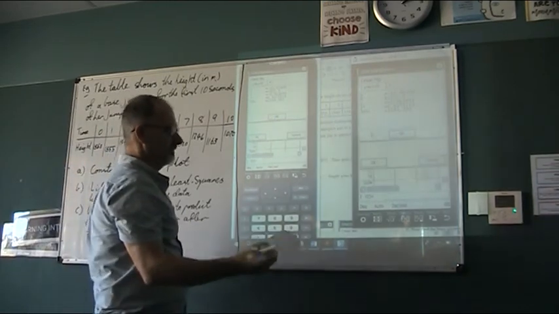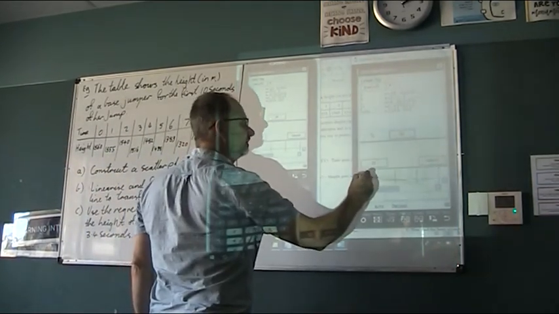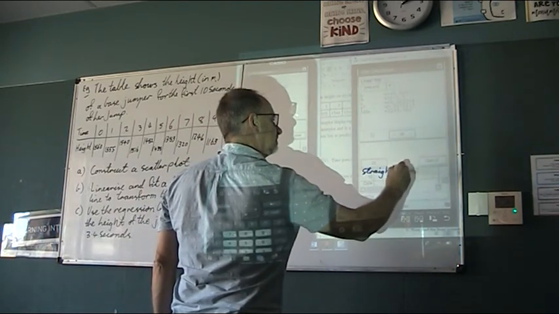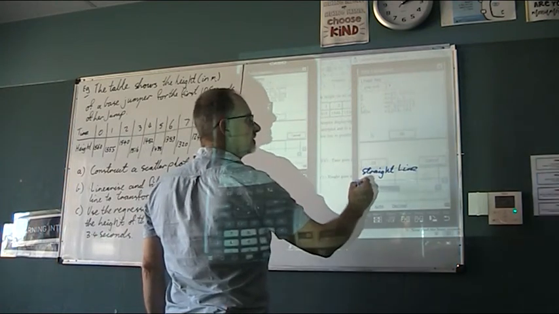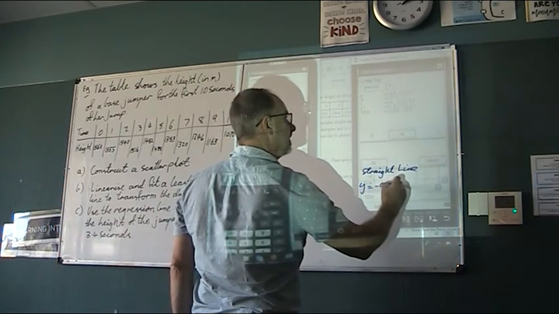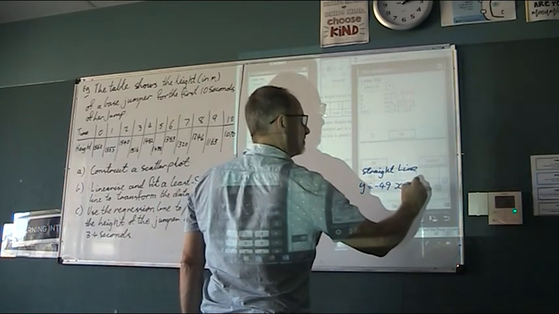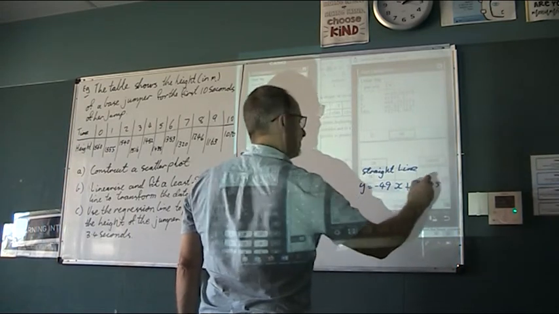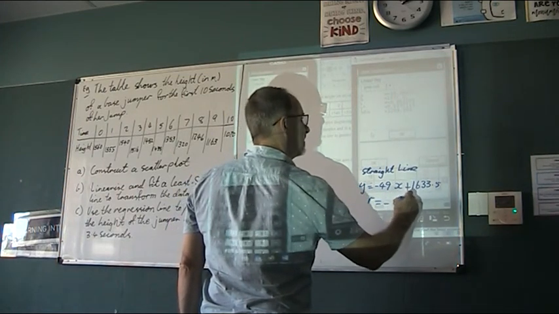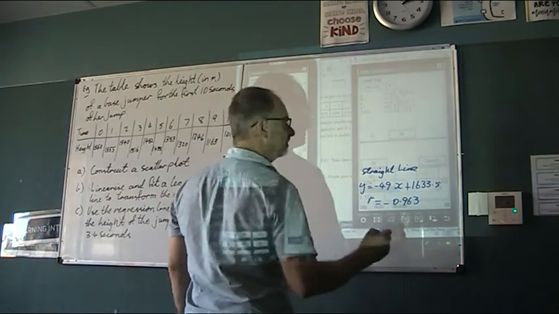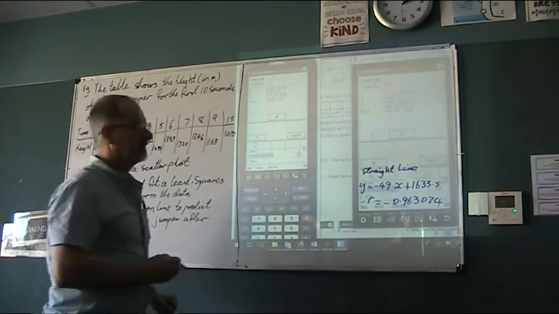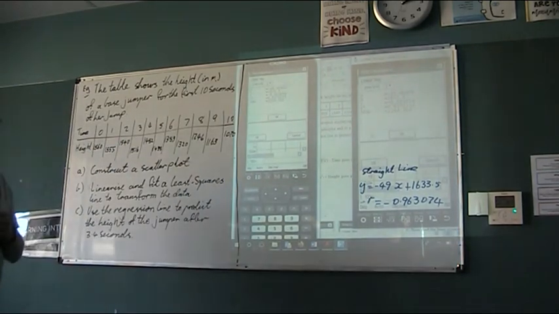From this, if I try to do a straight line, it tells me that the equation would be y equals negative 49x plus 1633.5, and my R value, which is the key thing here, negative 0.963074. So this is the R value. It's one of the key things we're going to look at.